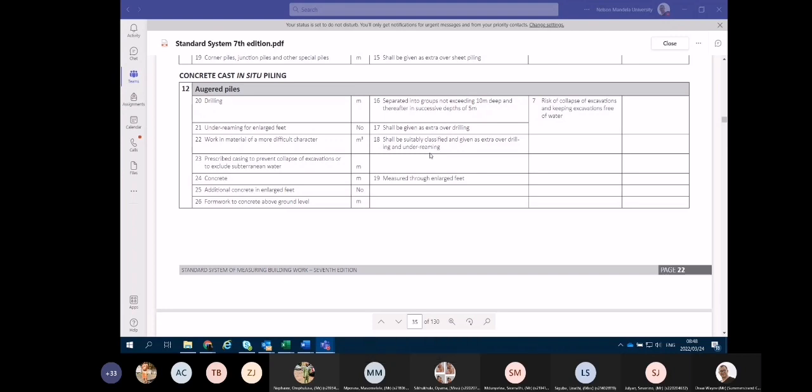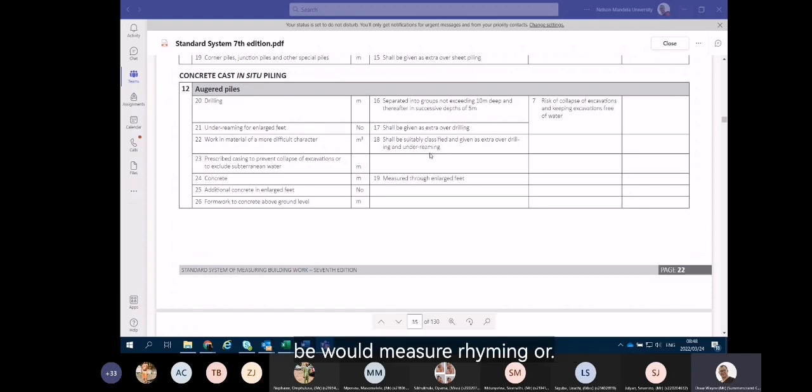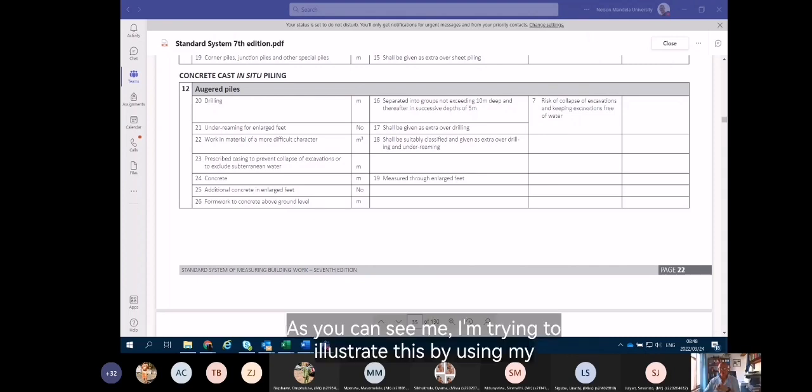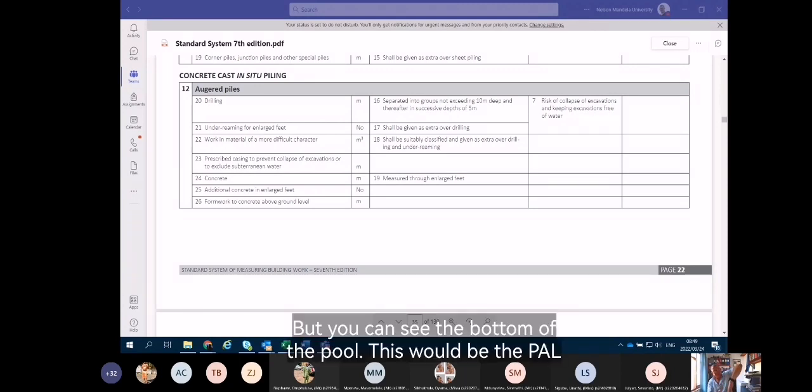pile depth, the drilling. At the bottom, it was not shown in this illustration, but at the bottom of the pile we generally would measure reaming or under-reaming for an enlarged foot. Now, I will try to illustrate this using my hand. If this is the bottom half of the pile, this would be the pile shaft.